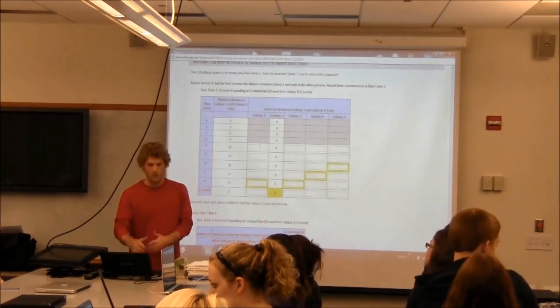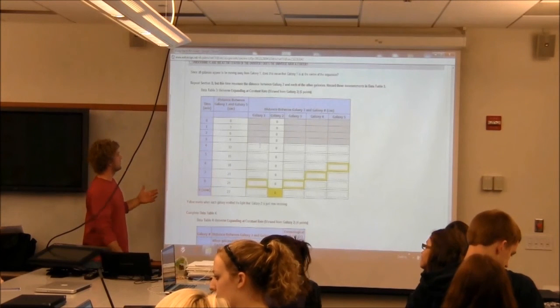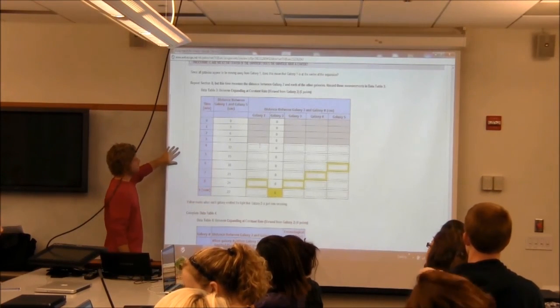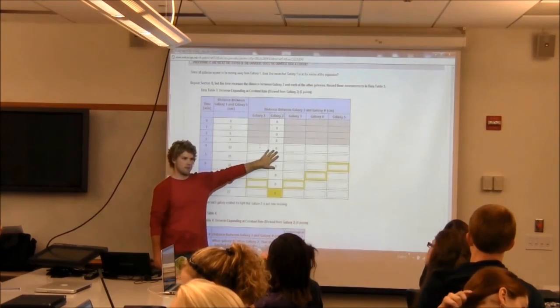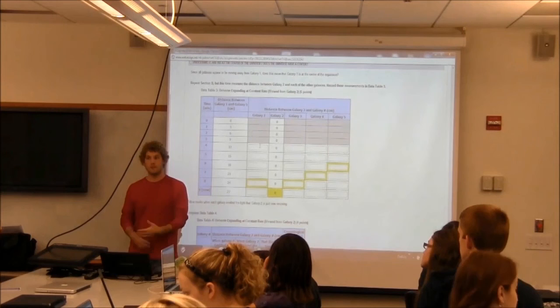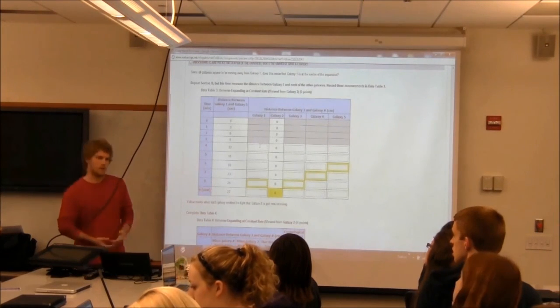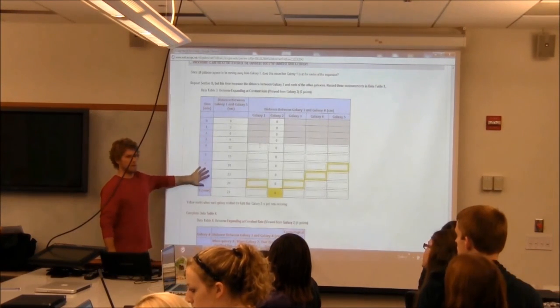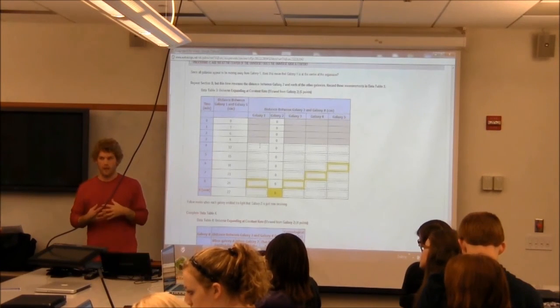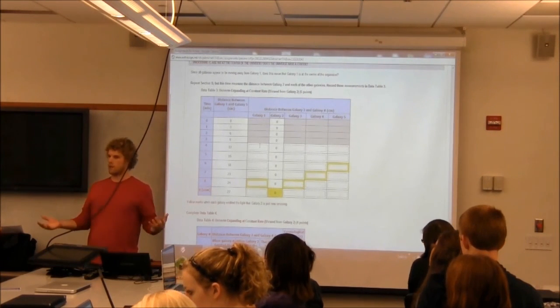Once you do that first time through, then it's going to ask you to do the same thing, except from Galaxy 2's perspective. So this is basically allowing you to determine, is there a center of the universe? Right? So if you found that everything was moving away at a constant rate from you at Galaxy 1, you might think that you're in the center of the universe, right?